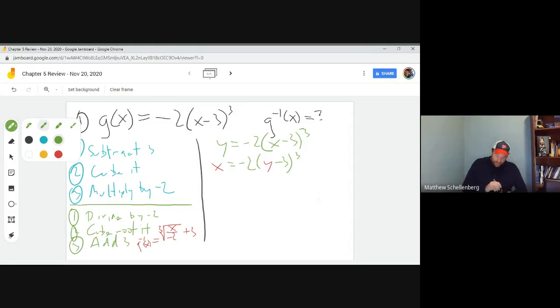So, for example, we have to divide both sides by -2, because I'm trying to get at the y, and I have to take the outer layers out until I can get to the rich, creamy y center. So I'm going to divide both sides by -2, and I get x over -2 equals (y minus 3) cubed.